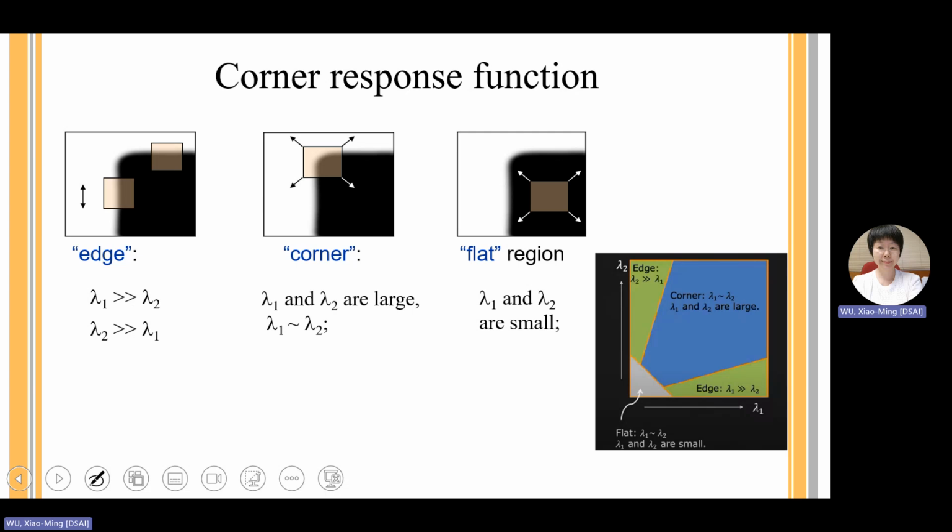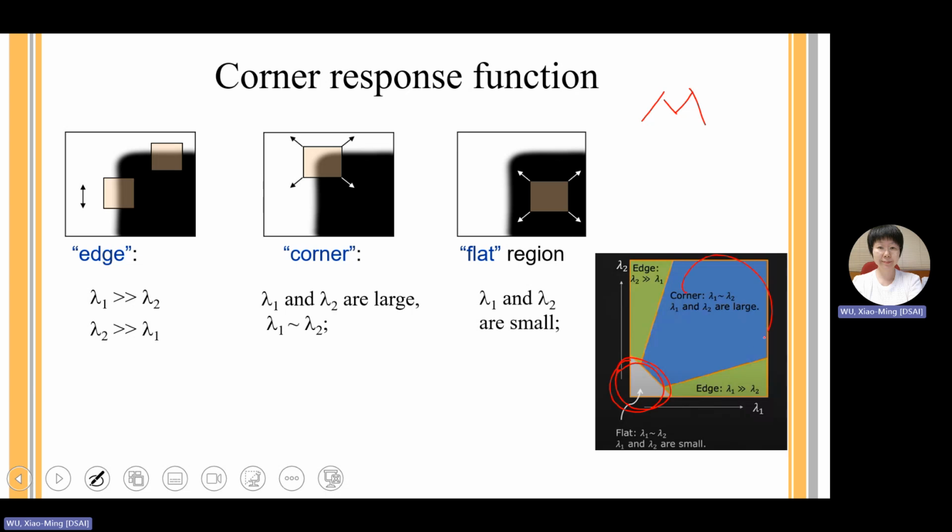Okay, so lambda 1, lambda 2 here are the eigenvalues of the matrix M. In this region, when both lambda 1 and lambda 2 are small, it represents the flat region, right?